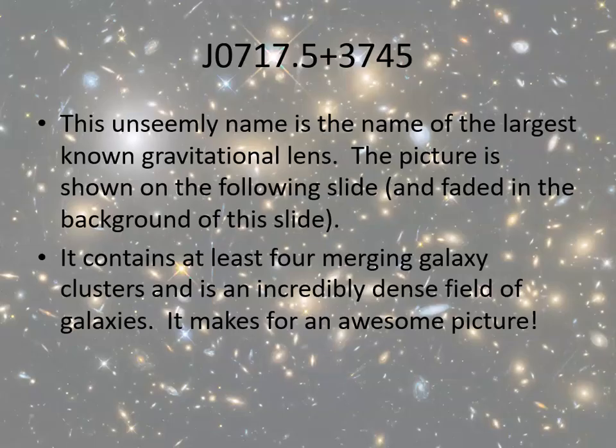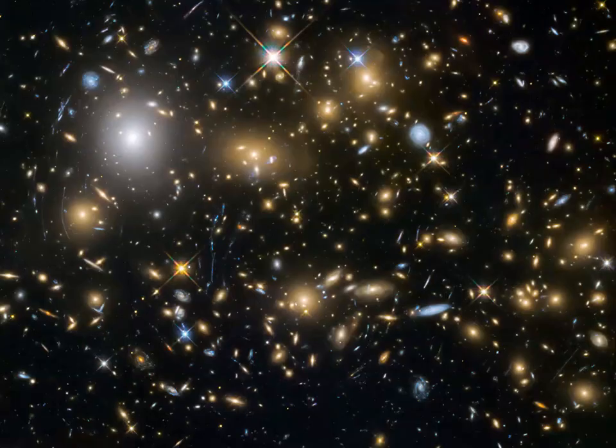So there is a really large gravitational lens called J0717.5+3745. The picture is actually part of the background of this slide, but it actually contains at least 4 merging galaxy clusters. It makes for a really cool picture. This is one of my favorite pictures of the cosmos. You have 4 merging galaxy clusters or more, and you just have this giant gravitational lens.